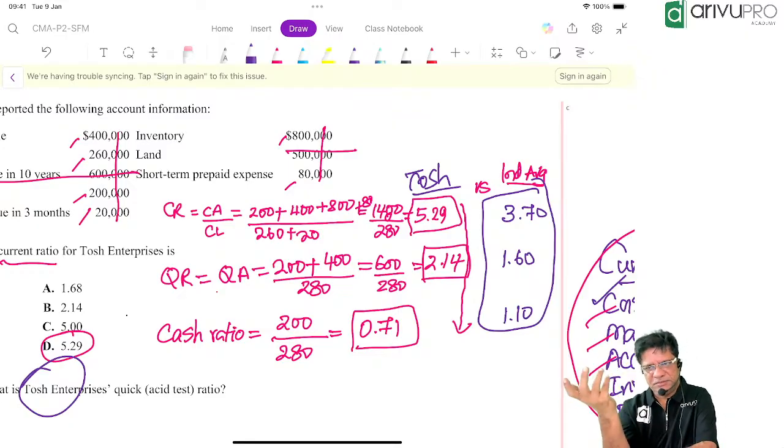That is correct, because we are removing inventory, we are removing many things. Now my question to you, forget that. You are a finance manager of Tosh Enterprises. Your current ratio is 5.29. The industry average, your competitor, is 3.7. My first question: is it a good ratio for you? Are you happy? Do you sleep nicely?